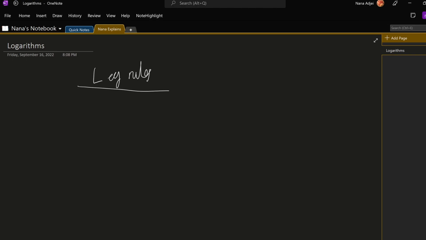So our first rule is log A plus log B is equal to log AB, or A times B. By the way, these rules only work if the logs are of the same base.